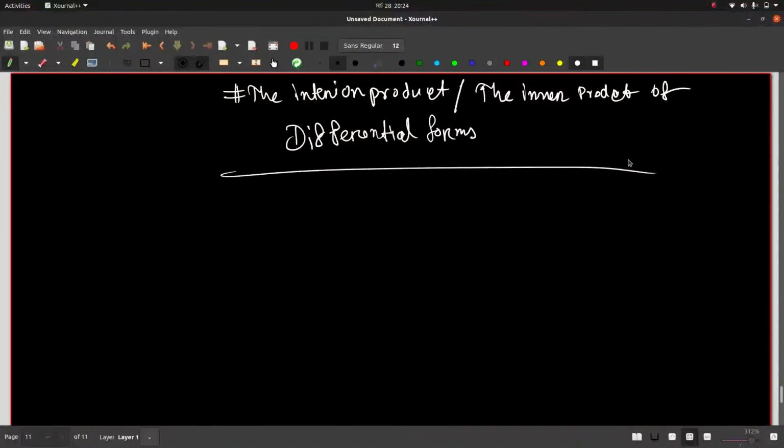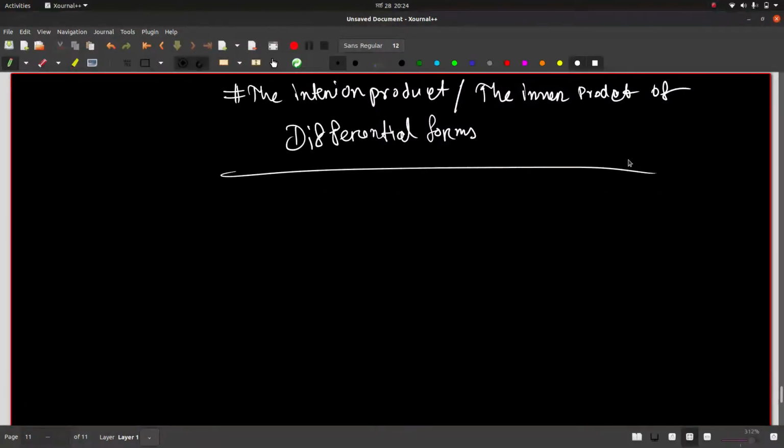As you can already guess from the name, it's kind of similar to the dot product, where you take some stuff, you do something and you get some number, right? But it turns out that when you take different interior products of differential forms, it's not necessarily the same thing. So that's why I would like to call it the interior product, so that we don't get confused with the inner product of the things that we see in the vector space.